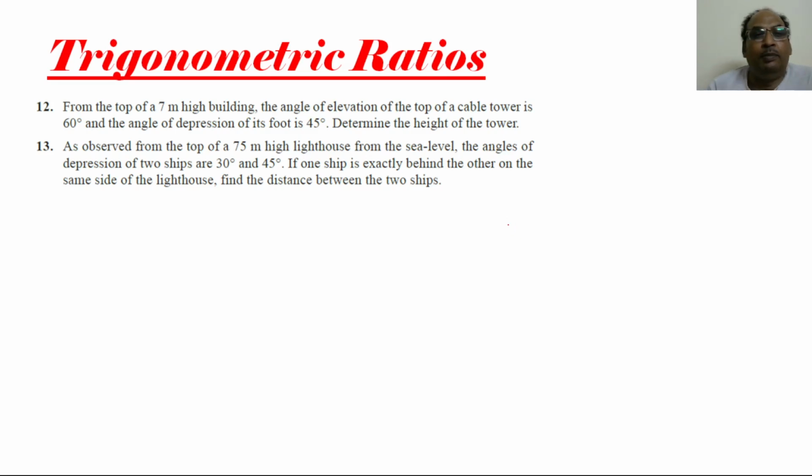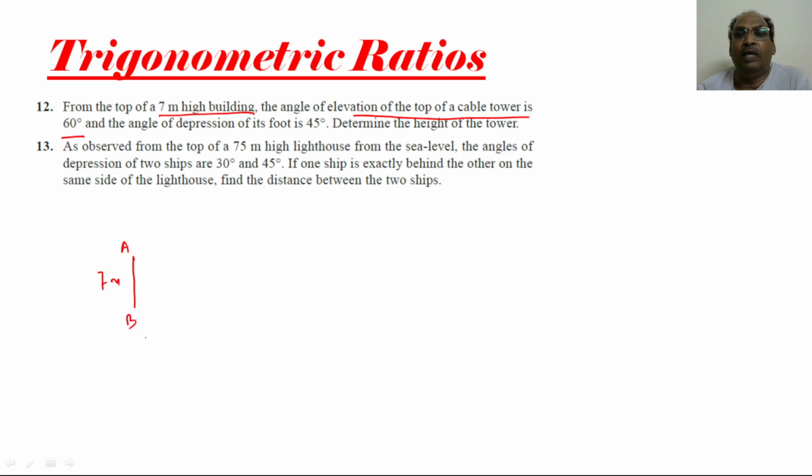Question number 12. From the top of a 7-meter high building, the angle of elevation of the top of a cable tower is 60 degree. From the top of a 7-meter high building, let us make a 7-meter high building, that is AB.